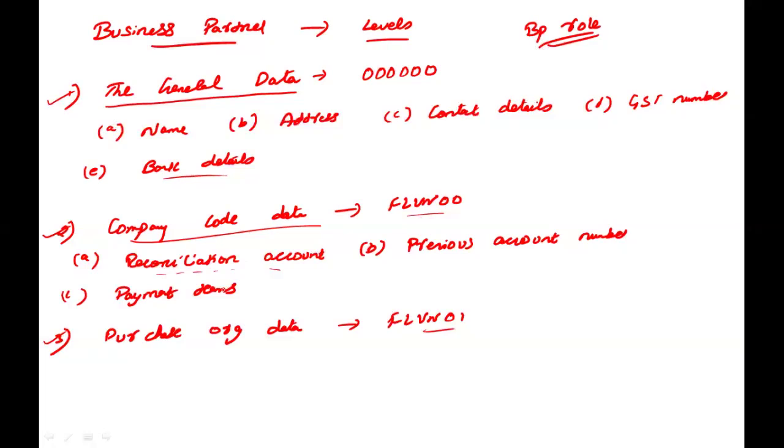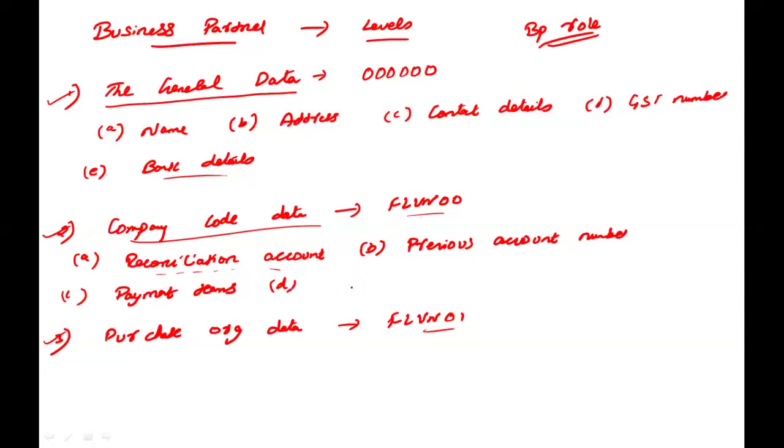Whenever they are buying the material, they will have a contract with the vendor saying that they will be paying within 30 days, 45 days, or 60 days. So defining this period is called payment terms. The rules set for the payment are called the payment terms.